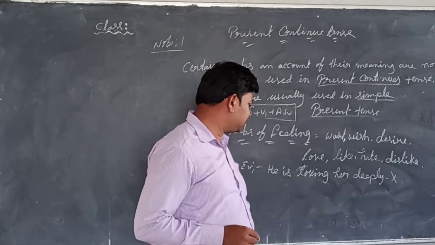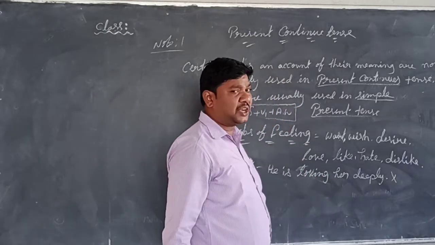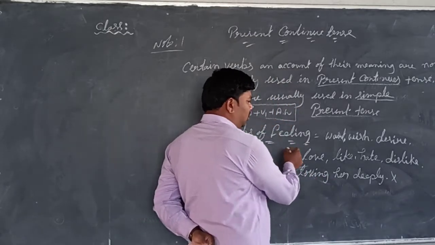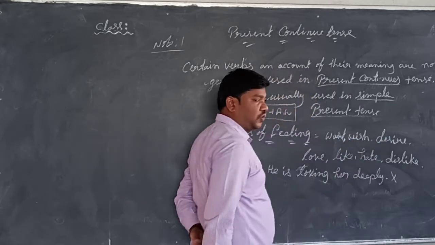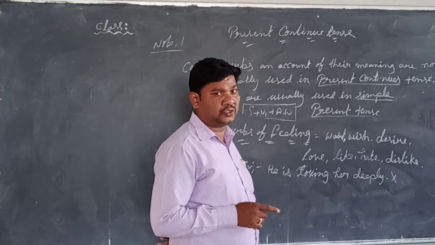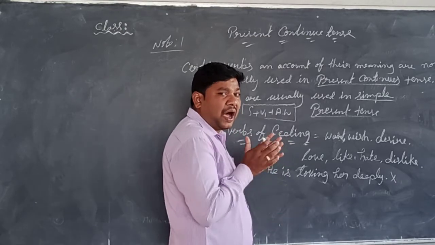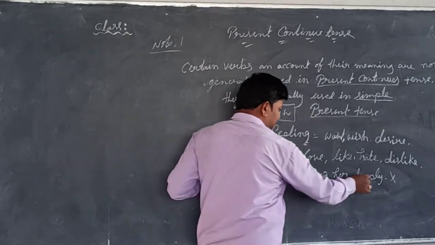Because, students, you observe, "he is loving her deeply" is present continuous tense. I told you verbs of feeling, those words want, wish, desire, love, like, hate, dislike, we should not use in present continuous tense. They are possible only in simple present tense. That's why this sentence is wrong.